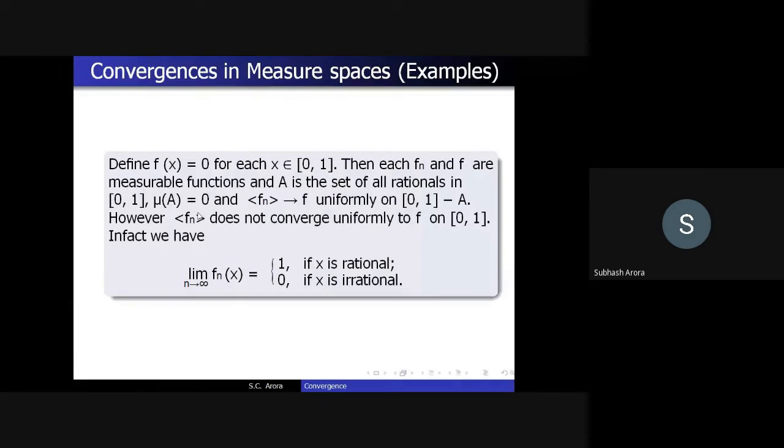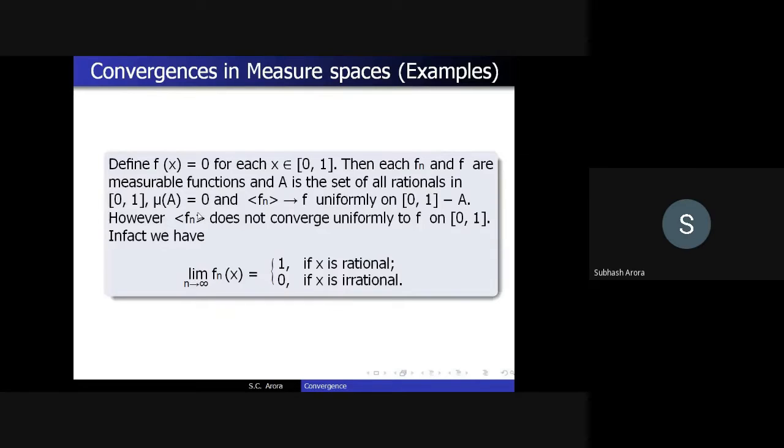And define F x equal to 0 for each x belonging to the interval 0, 1. Then each Fn and F are measurable functions. What is a measurable function? I told you that.